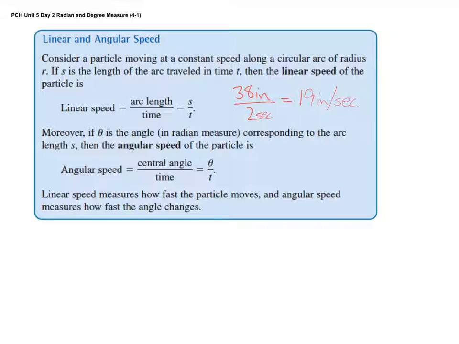So we have this arc length, S. You have to know what the central angle is divided by time. So let's take that same previous example. What was our radian measure for the central angle? 3 1/6. So the angular speed in that case would be 3 1/6 radians for every 2 seconds.